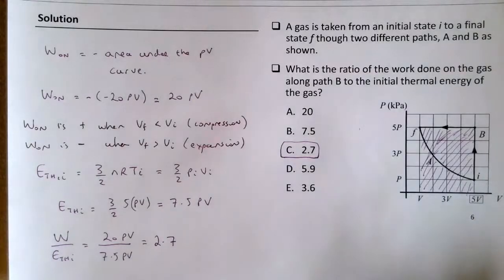Okay, I was just thinking, as an additional question, if you were asked to draw a first law bar chart for either process B or process A, what would that graph look like? You're welcome to pause the video and try that. What would the first law bar chart look like?